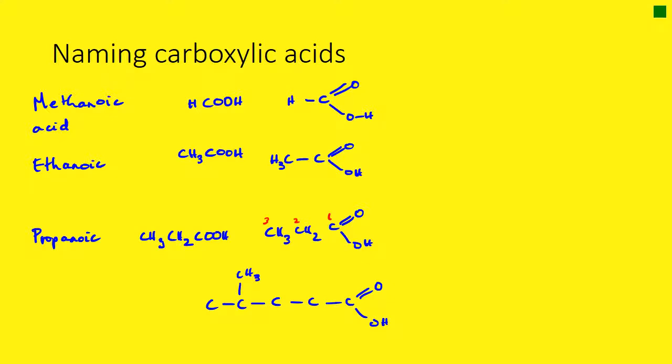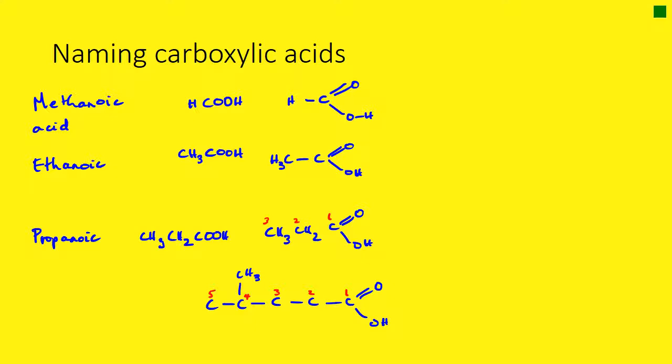So why don't we name that? First of all, we're going to pick the longest chain and then number the carbons. So this, as we said, is going to be carbon 1. That's going to be carbon 2, 3, 4, 5. So we've numbered the carbons, and it's going to be pentanoic acid.